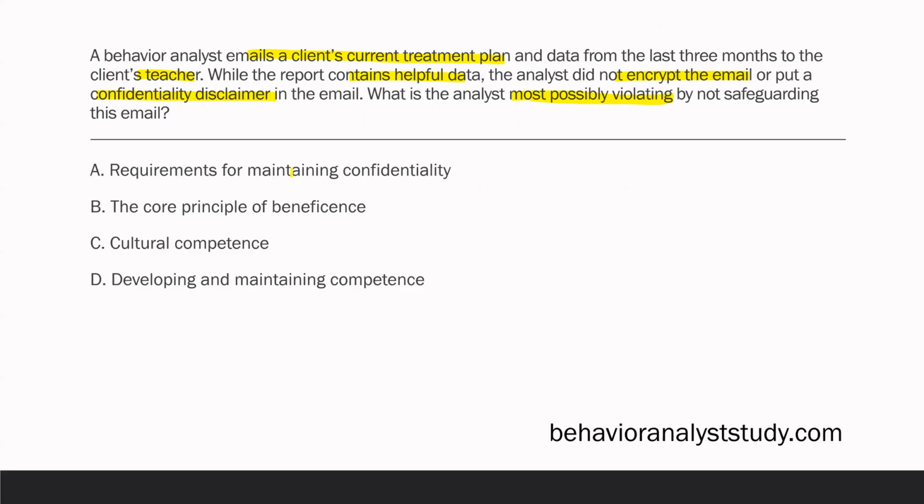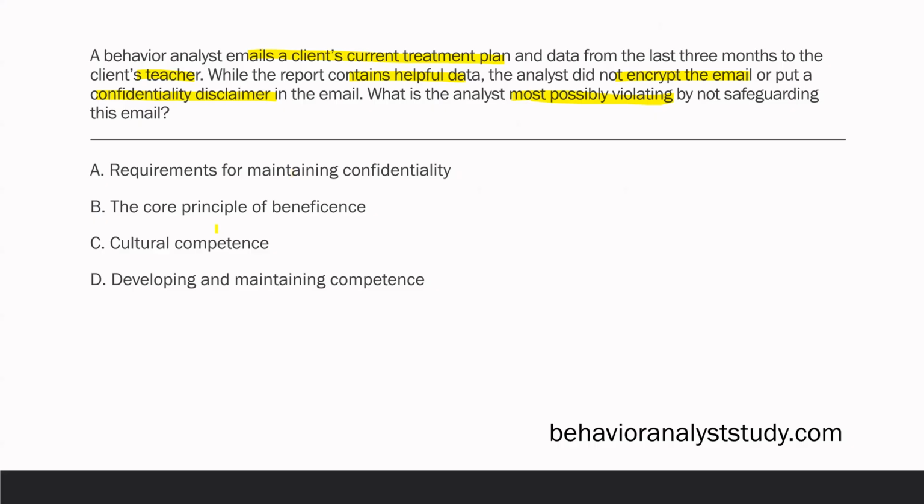It is your responsibility as a behavior analyst to make sure your emails, your text messages, however you're communicating, is secure. If for some reason an email of yours with private information were to go to the wrong person or fall in the wrong hands, you are responsible. So it's up to you to make sure that private information stays private.